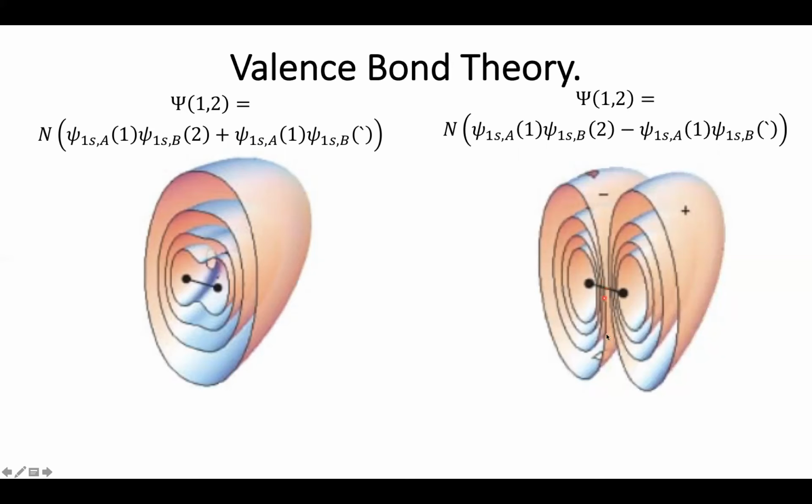In order to make room for the fact the electron can't be along this plane, I'm going to be spending more of my time with the electron out here. And again, this means that I've got less electron screening in between these two positive charges. So these two nuclei are going to experience a great deal of repulsion between these two net charges. As a result, the asymmetric function is rather unfavorable.